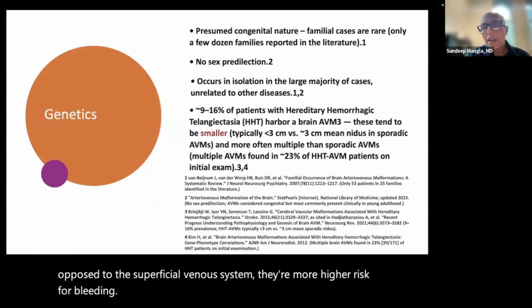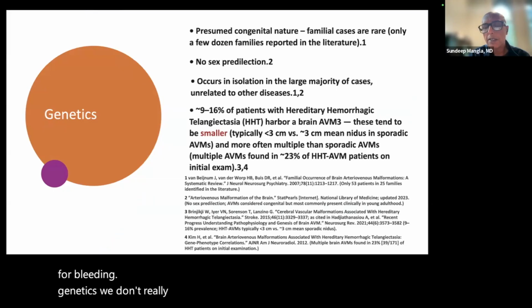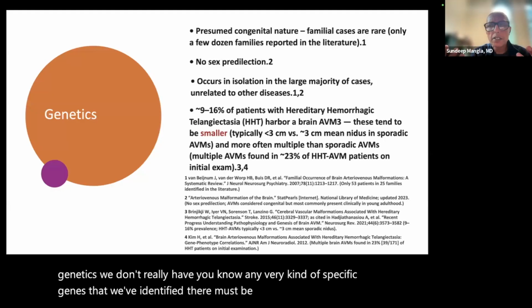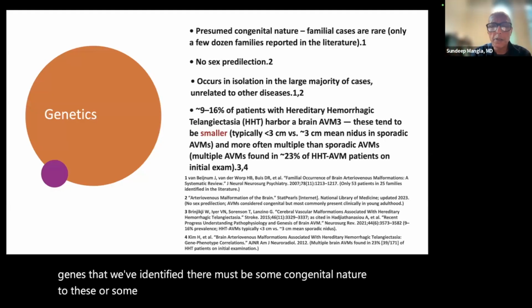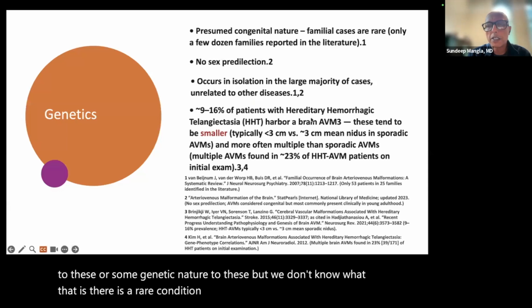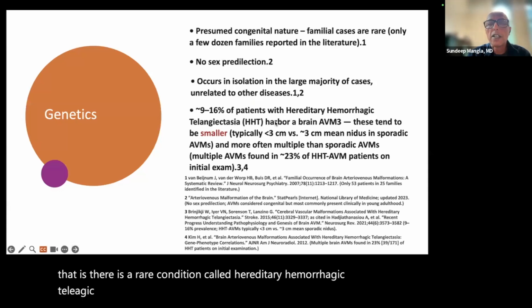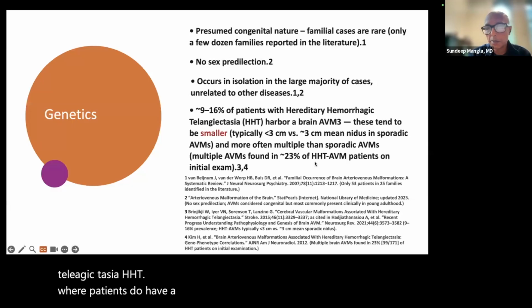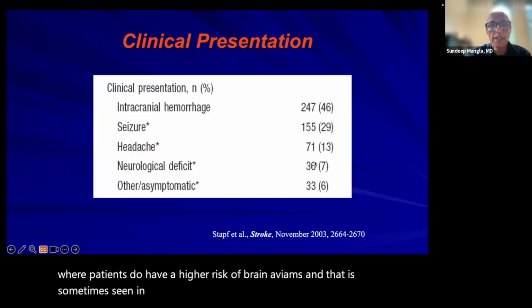Genetics, we don't really have any very specific genes that we've identified. There must be some congenital or genetic nature to these, but we don't know what that is. There is a rare condition called hereditary hemorrhagic telangiectasia, HHT, where patients do have a higher risk of brain AVMs, and that is sometimes seen in some patients.